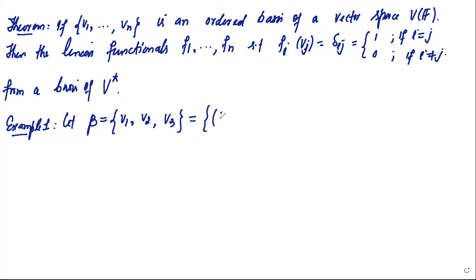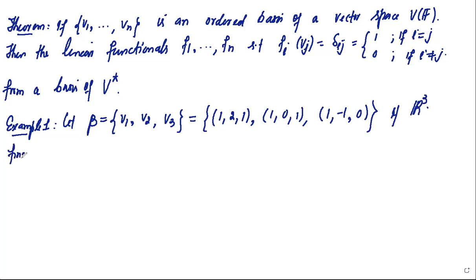So let the vectors be (1, 2, 1), (1, 0, 1), and (1, -1, 0). So let this be the ordered basis of R3. Then our question is, find the dual basis beta star.